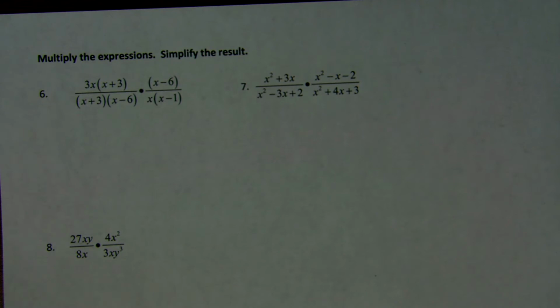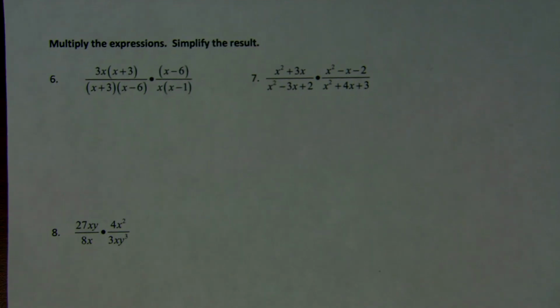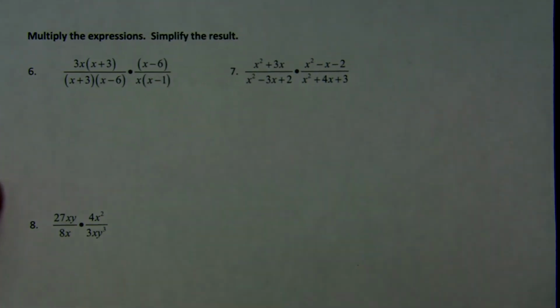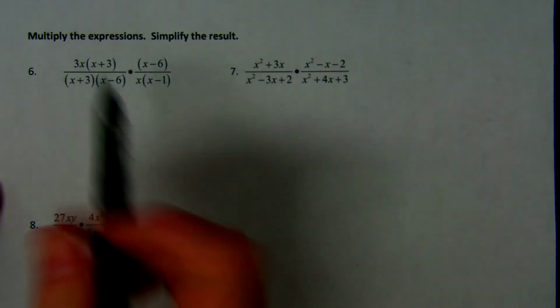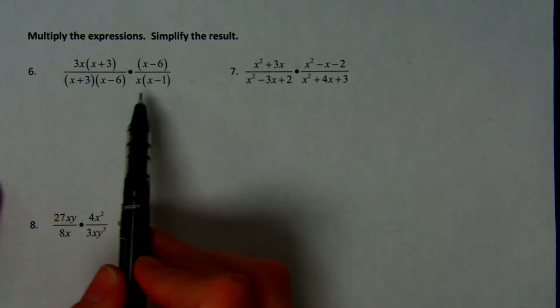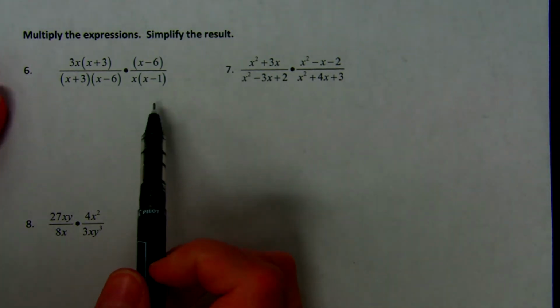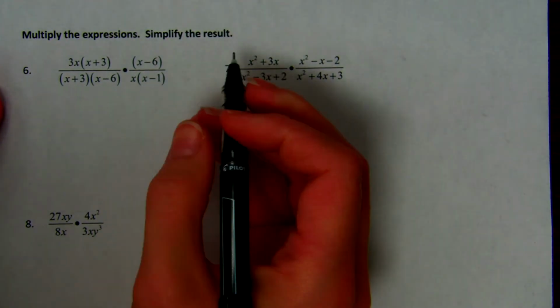Remember, with multiplication, what we do is we factor everything. Then we smoosh, cancel out common factors, and rewrite. So right here, this guy right here does not need to be factored. This has already been factored for us. So we don't have to do that factor step. What we're going to do is smoosh. So I'm just going to write it all together as one fraction.